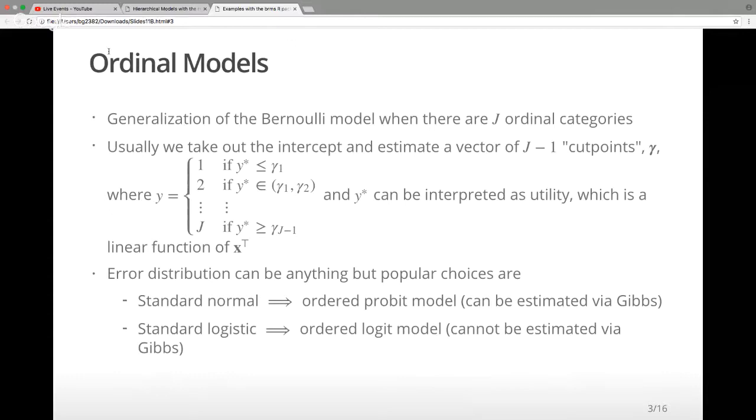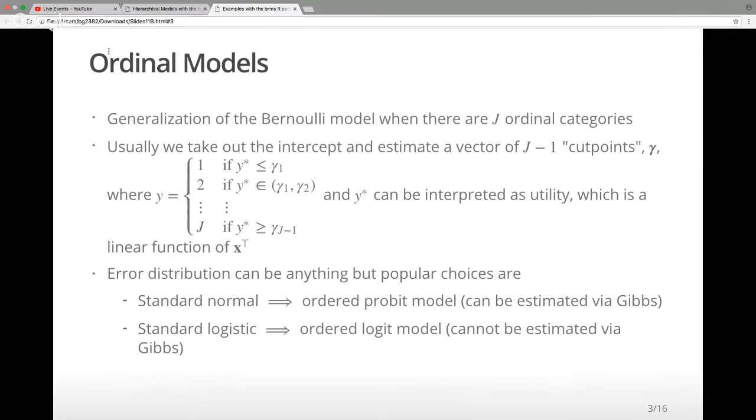But in general, it could be something like small, medium, or large. In a model like this, we're usually going to remove the intercept, although different software does this in different ways.